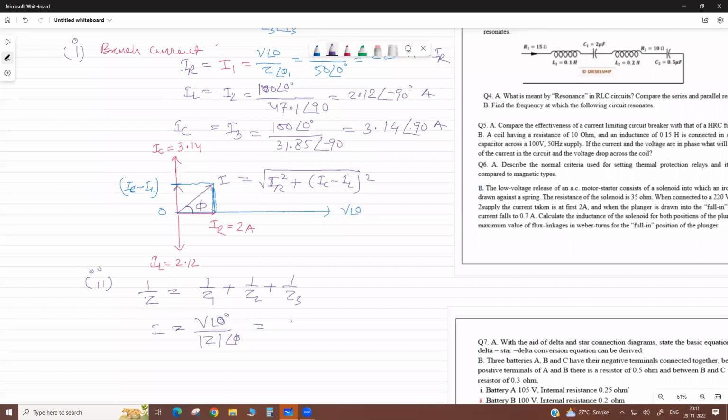Then your current will come with angle phi. Then the power factor you can also calculate by cos phi. Cosine of this angle will give the power factor, if they ask, but in this question they do not ask. Either you do it by this method or that method to calculate the total current.